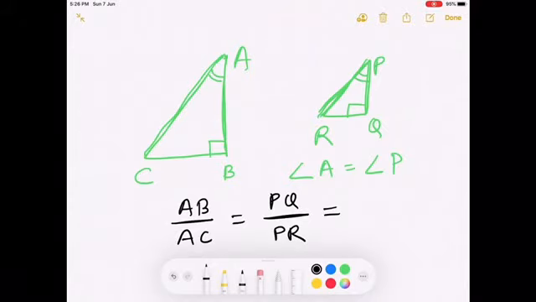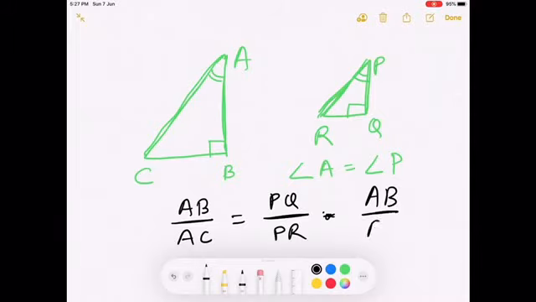For example, if I consider the ratio of the two sides of the first triangle, AB upon BC, that will be equal to PQ upon QR.